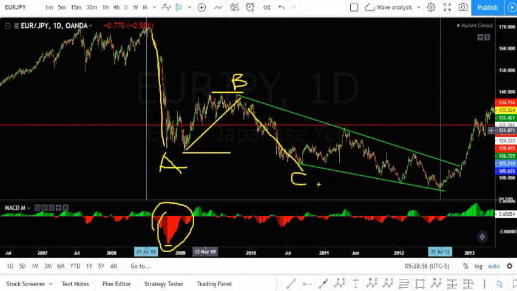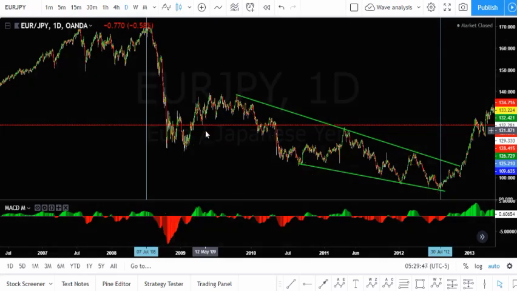And this is what I meant, this is one of those rare occasions that if you get an ABC, you will still continue to go down. But we know in this case that this was because we had an ending diagonal going down. So our thought process would have been basically, let's just clean that up.